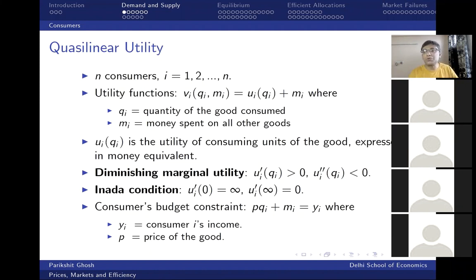So I walk into a store and there are shoes. I want to buy a pair of shoes, and there's a pair which I'm looking at. You could ask me, what's the maximum you want to pay for this pair of shoes? Now, assume for a moment that I am not being strategic, that I'm giving an honest answer. Of course, if the seller asks me the question, I want to maybe game the question and underreport my willingness to pay.